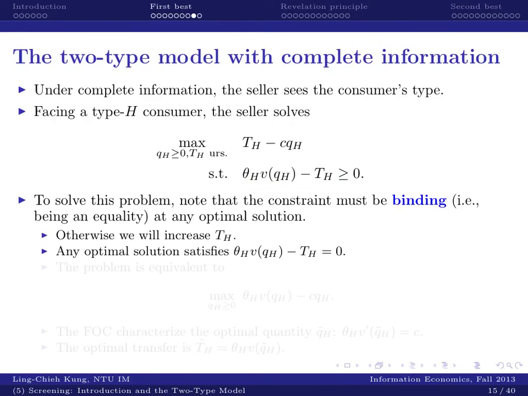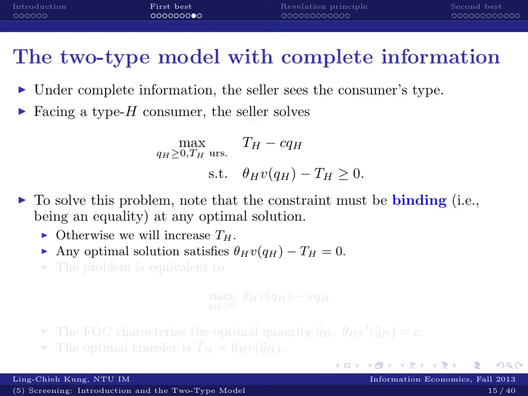So to solve this problem, note that the constraint must be binding at any optimal solution. Binding just means it will become an equality. So why is this the case? I'm a seller. I want the price to be as high as possible. The only reason that I cannot do that is because if the price is too high, the consumers will not buy.